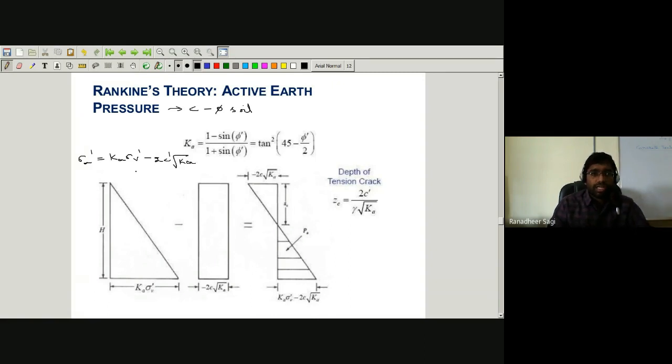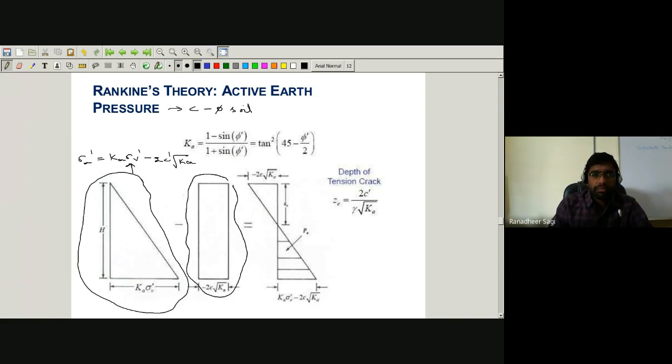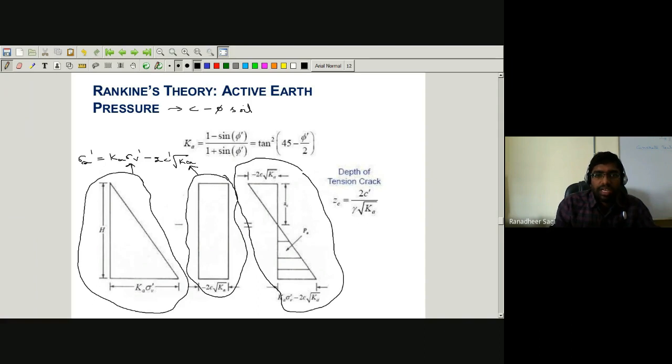So if you look here, this portion of the earth pressure distribution diagram is for this term, and this portion of the earth pressure distribution diagram is for this term. Both of them put together tell you the total earth pressure distribution diagram. That is, this diagram is for this term.